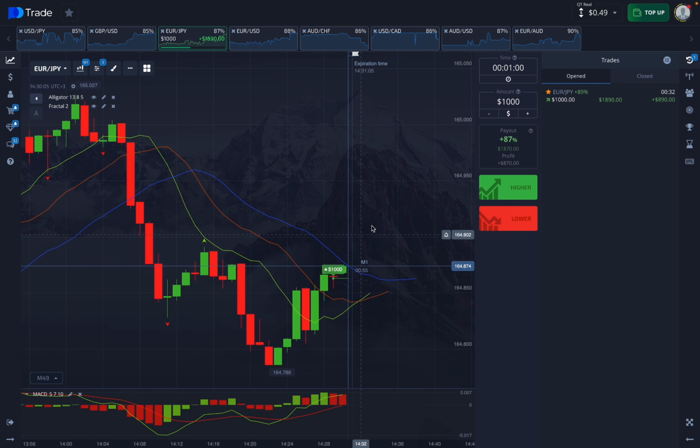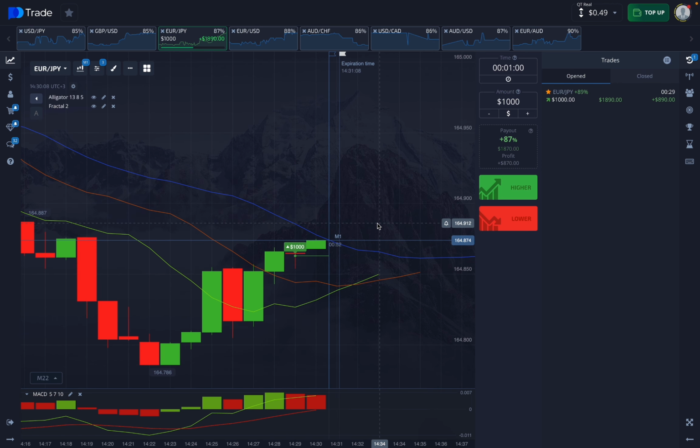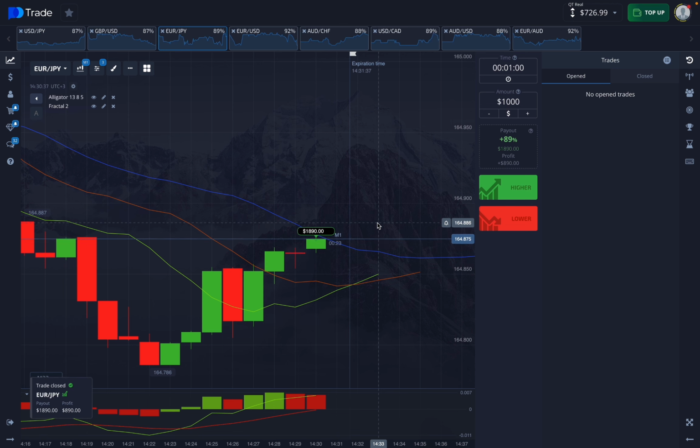Once again, our entry logic is absolutely the same. We were just a little unlucky in the first deal. And our first, or rather second trade, closes in positive territory.